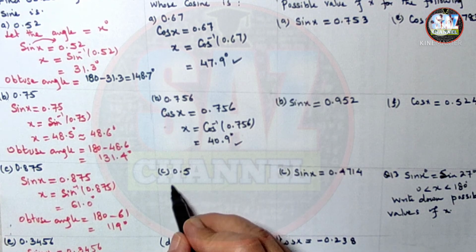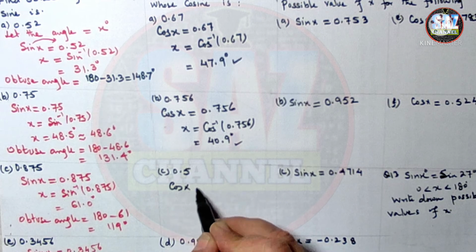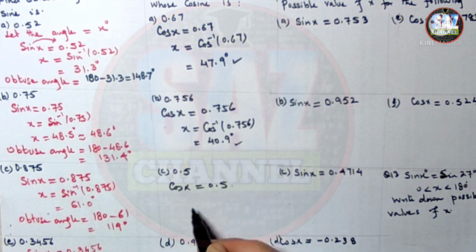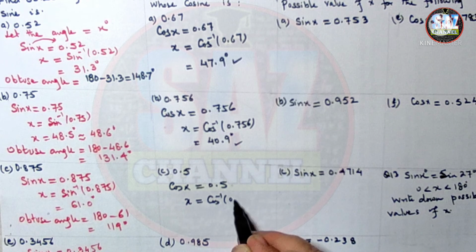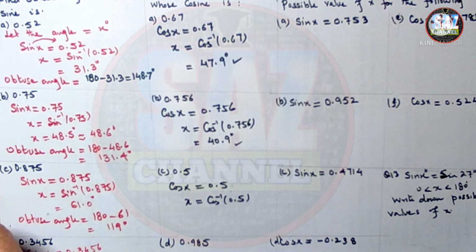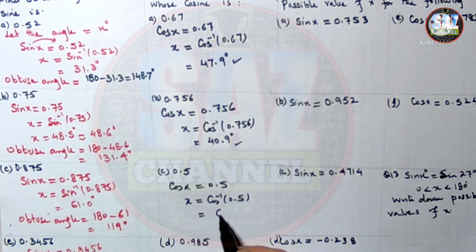Moving to the next part, cos of x will be equal to 0.5 and x equals cos inverse 0.5, and this gives me 60 degrees.